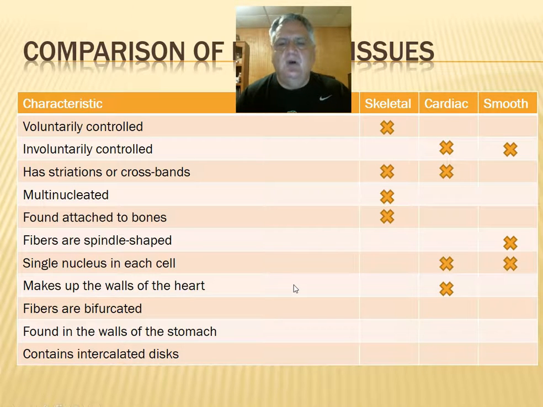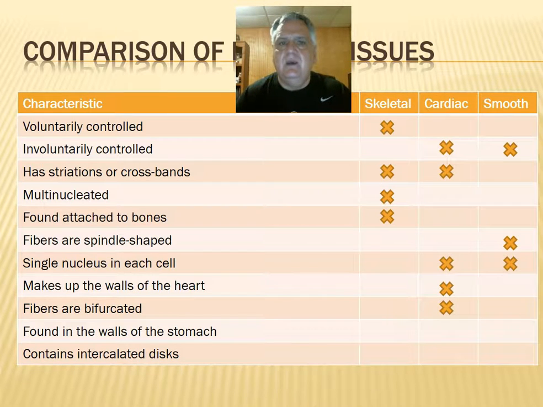Makes up the walls of the heart, cardiac, c-a-r-d-i-a-c pertaining to heart. Fibers are bifurcated. You picked up on that whenever I mentioned that bifurcation means branched. So that would be a characteristic of cardiac muscle tissue. Found in the walls of the stomach.